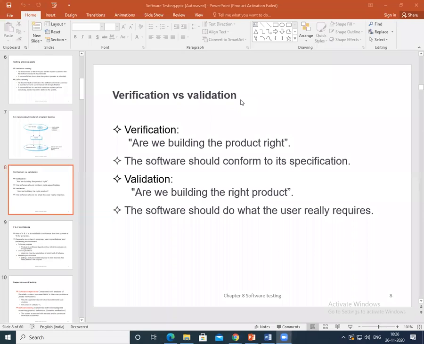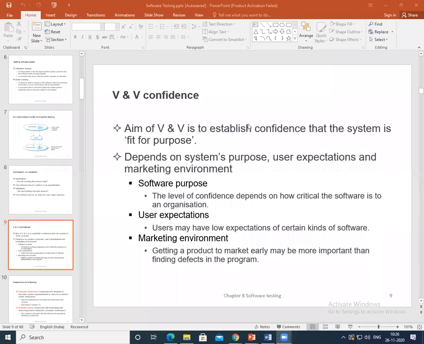Overall, the ultimate goal of the verification and validation process is to establish confidence that the software is fit enough to be used by the customer. We discussed what V&V is.